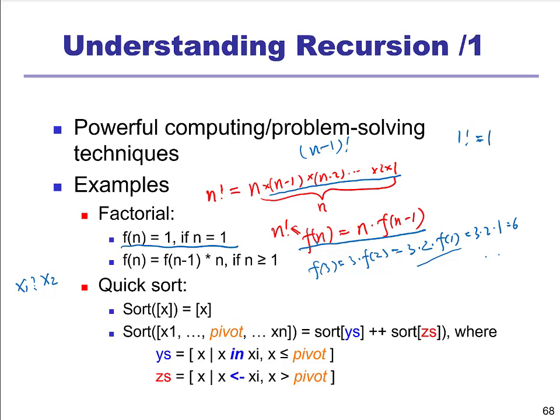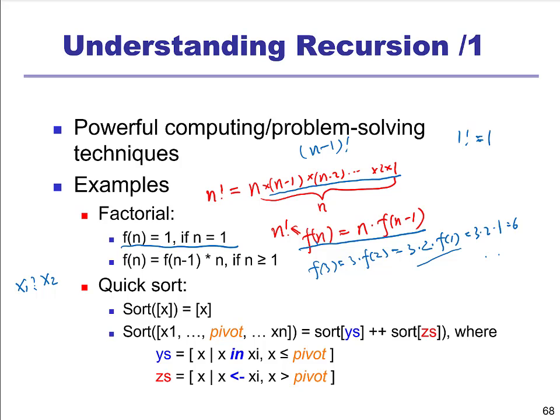And the idea of quicksort is actually divide and conquer. We don't know how to sort a long list or long array, but we know we can compare two numbers, and we know that if the list contains only one element, then we don't need to sort it.